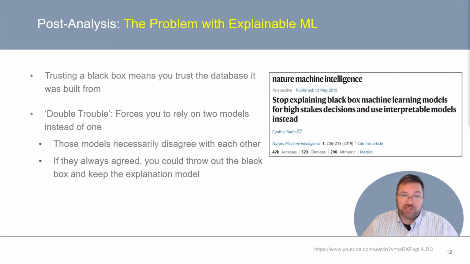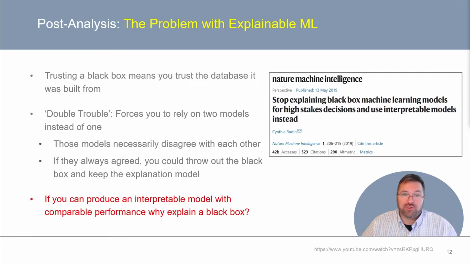If they always agreed, you could simply throw out the more complex black box model and keep the simpler explanation model to make all of your predictions. So in some ways, when relying on explanation systems, we might sometimes be fooling ourselves into thinking we understand the original model. Ultimately, Dr. Rudin argues that if you can produce an interpretable model that has comparable performance to a black box one, why go about explaining a black box model to begin with?